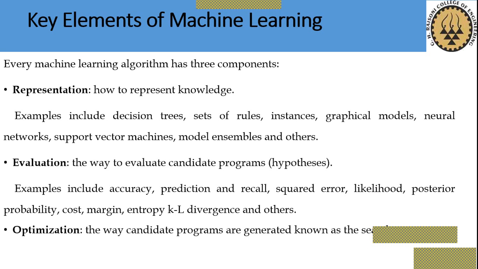And the last key element is optimization. It is the way that candidate programs are generated, known as a search process. So how you optimize your problem using a machine learning algorithm is also useful. And these are the key elements of your machine learning algorithm.